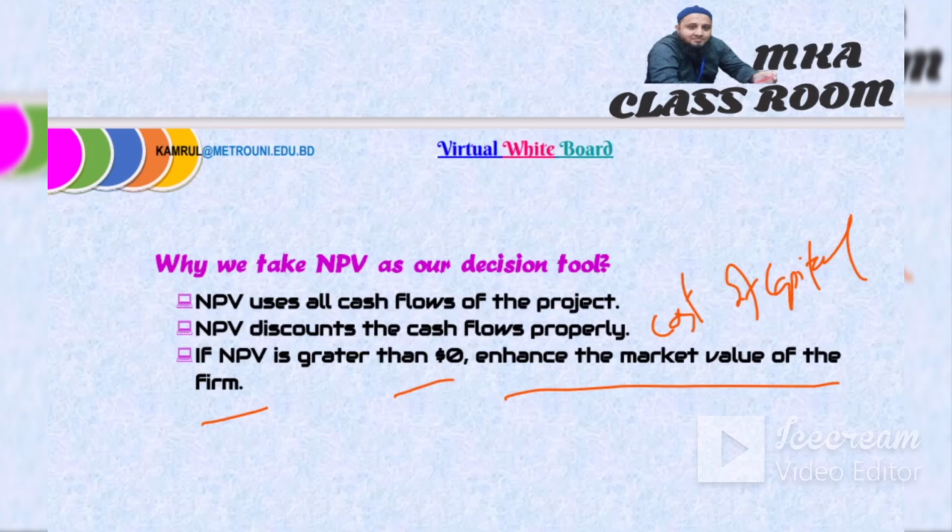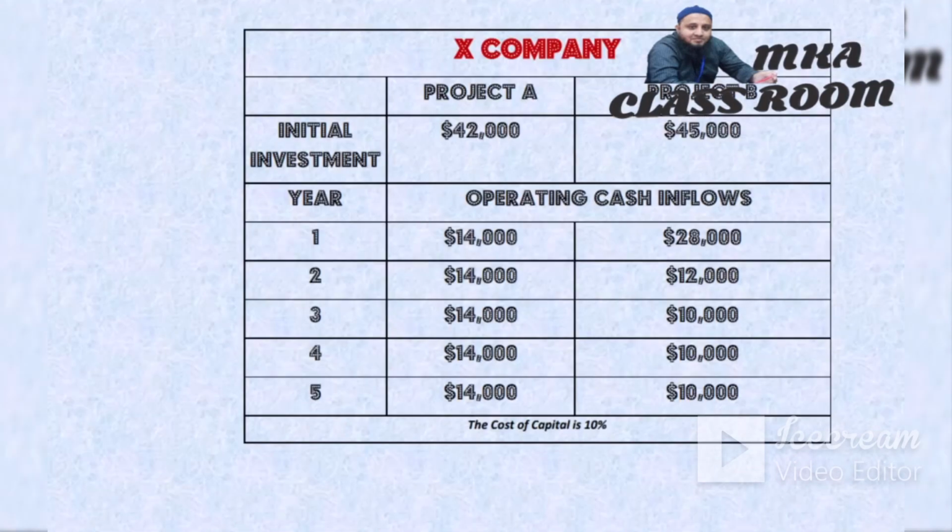Now we can see an example. Here are two projects, project A and project B. Here are the cash inflows, and these are the cash outflows. The initial investment is actually the cash outflow, and these are the cash inflows for project A and project B. So we know that project A is an annuity project and project B is a mixed stream project.